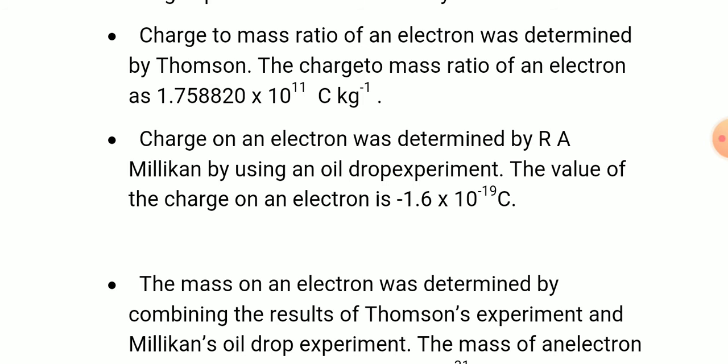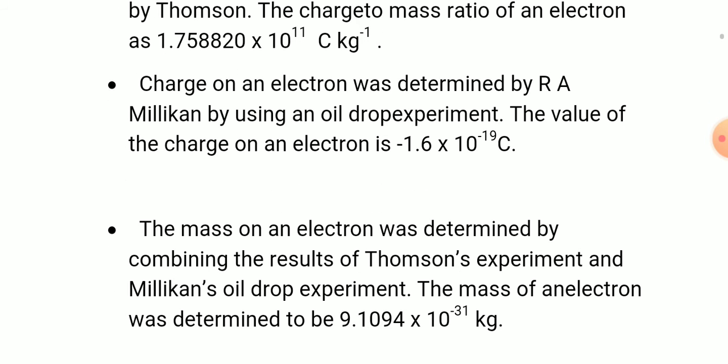Using the oil drop experiment, Millikan determined the charge of an electron, and the value is minus 1.6 × 10^-19 coulomb.